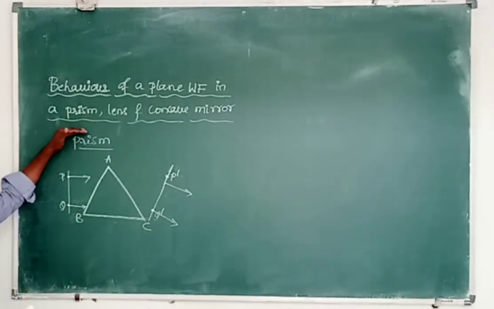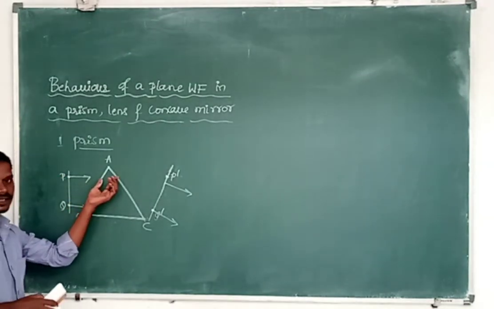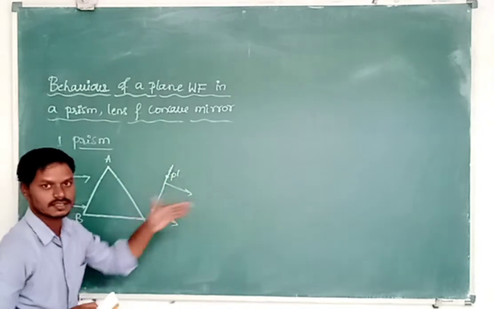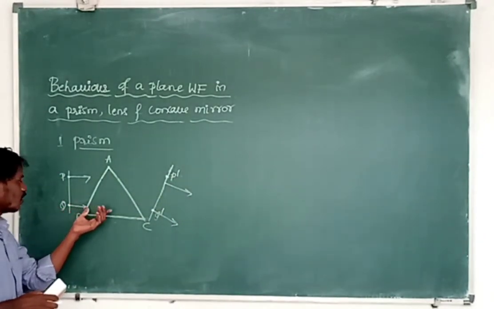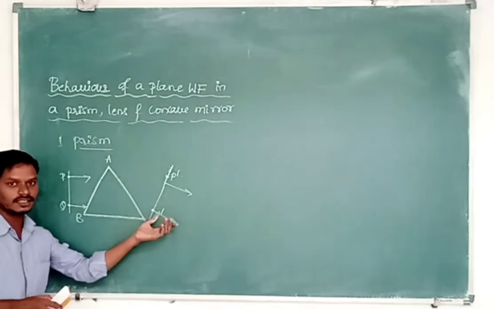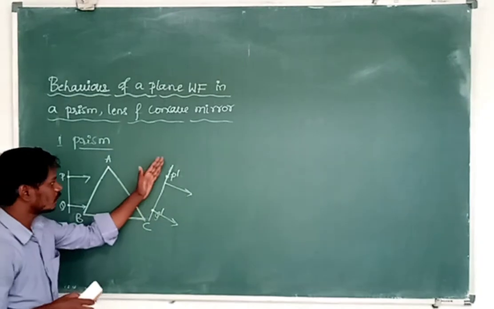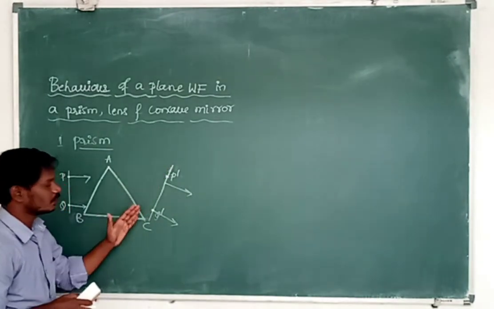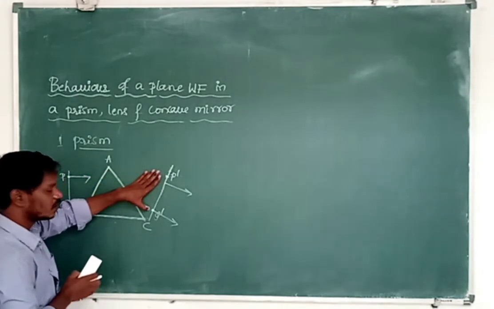See here once again, the upper part of the wavefront travels the small thickness of the prism, so it is advanced. But the lower part of the wavefront travels the large thickness of the prism, so it gets delayed. So P dash is ahead of Q dash. P dash is advanced here, but Q dash is delayed here.